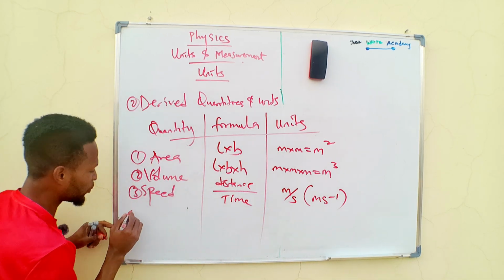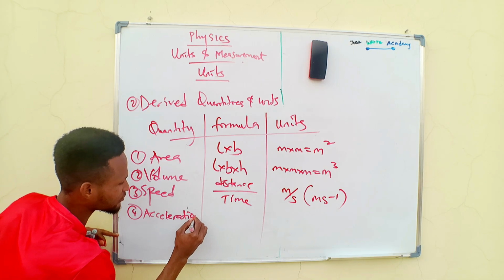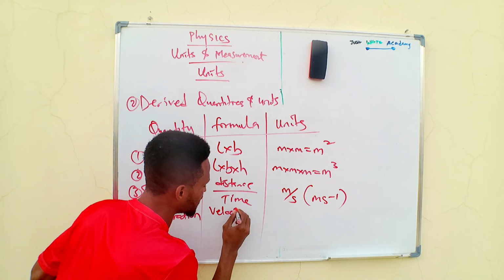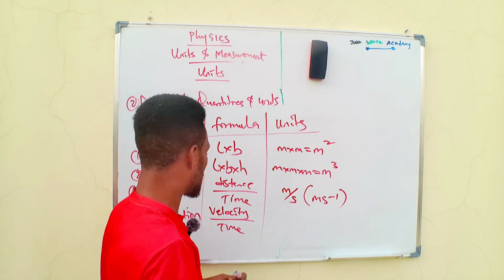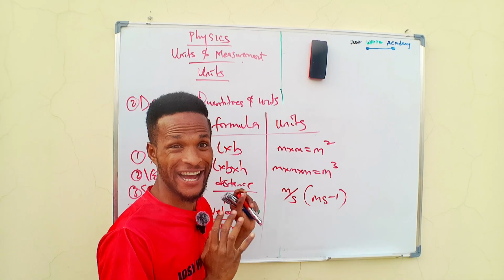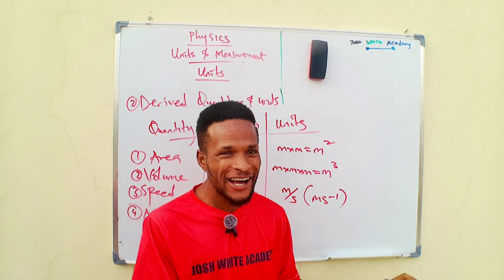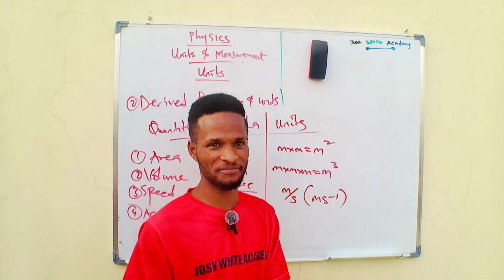Another example, we have acceleration. Acceleration is velocity divided by time. Please note, velocity has the same unit as that of speed. The only difference is speed is a scalar quantity, whereas velocity is a vector quantity.